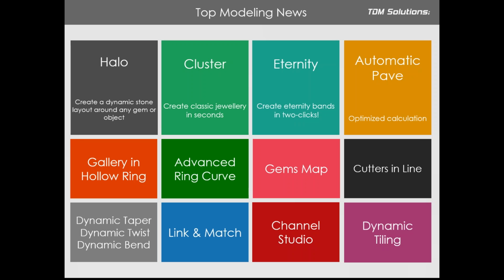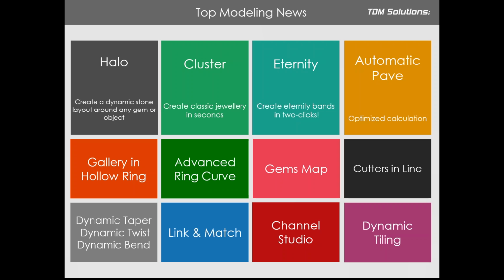We have tools for halo, for cluster, okay, to create eternity rings. We improved the pavés, okay, we optimized the calculation and we added some interesting things like magnets and so on. Later Pedro will show us. Okay, the hollow ring, the advanced ring curve, gem maps to create a map, okay, is a great tool for setters.